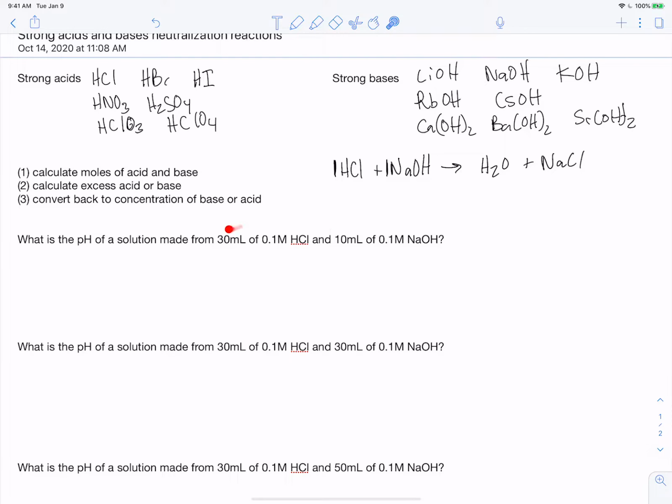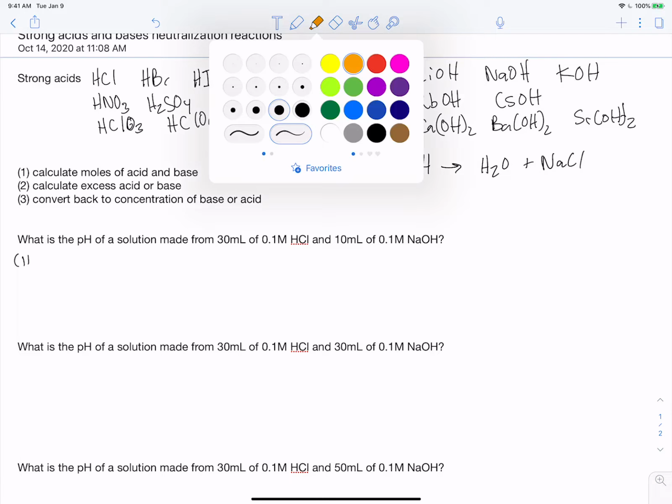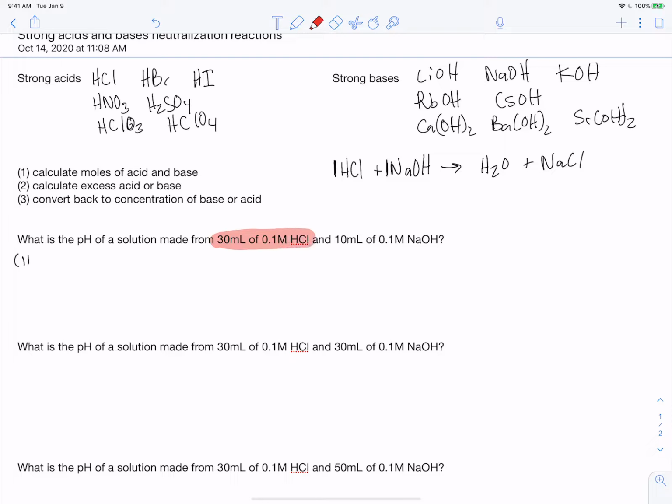And it wants to know what the pH is of that final solution. But before we can get to the pH, we have to figure out what reaction has happened there. And so step 1 is just to take and convert your acid and your base into moles.